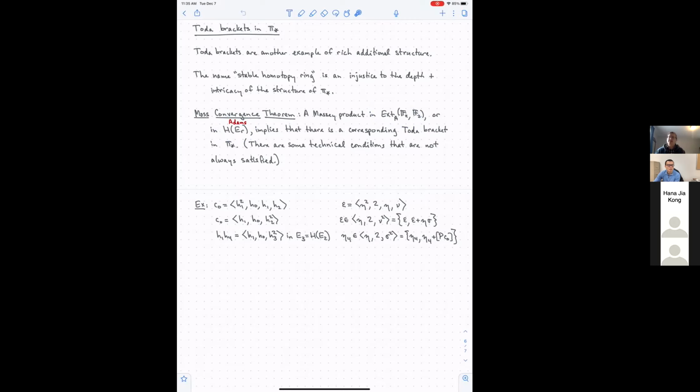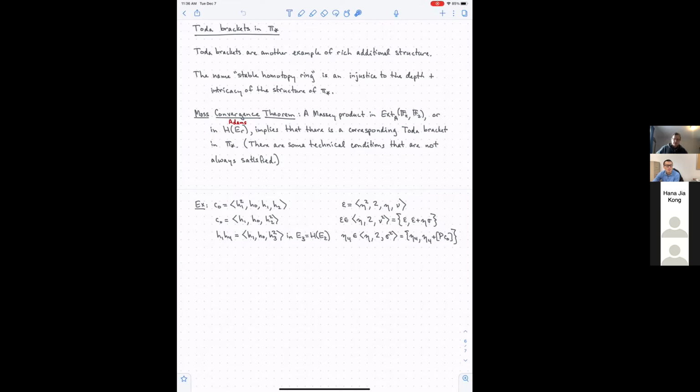And so it has its own Massey products that don't really correspond to the Massey products from Ext. And E4 is the homology of E3. E4 is the homology of a DGA, so E4 has its own Massey products. Okay? So you could have Massey products in Ext that give you total brackets, or you could have Massey products in one of these higher E_r pages, and those Massey products also imply total brackets, okay?